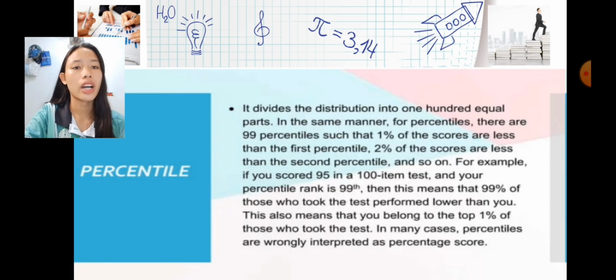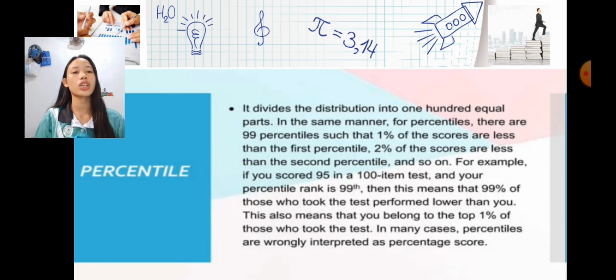And next we have the percentile. It divides the distribution into 100 equal parts. In the same manner, for percentiles, there are 99 percentiles such that 1% of the scores are less than the first percentile, 2% of the scores are less than the second percentile, and so on.